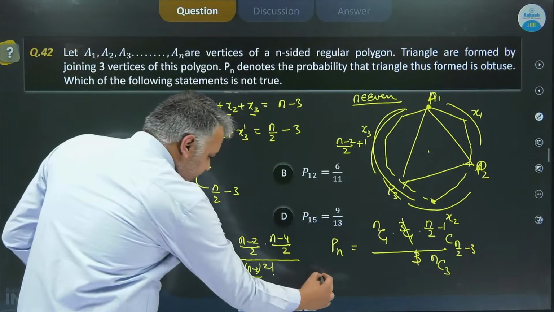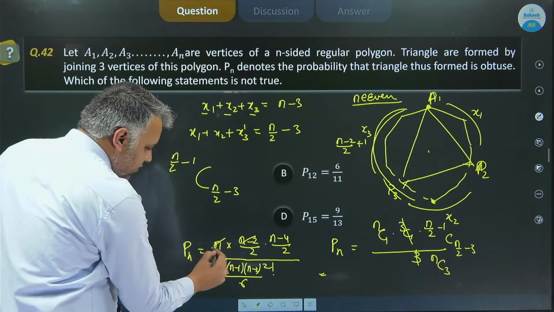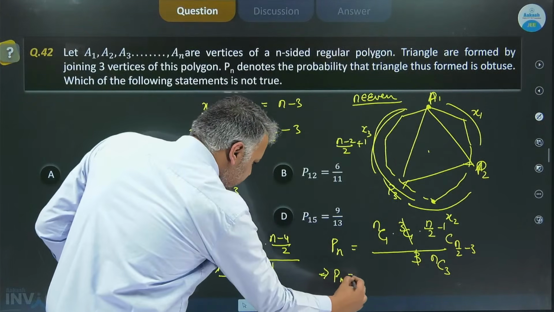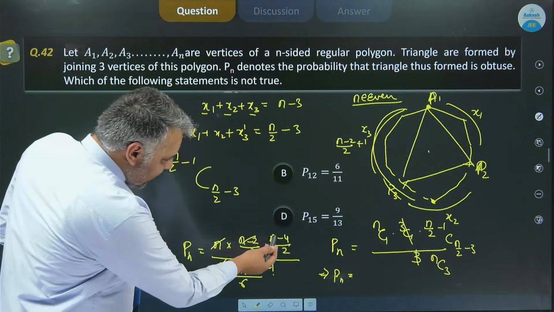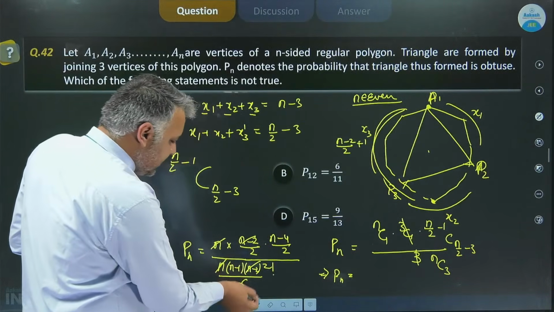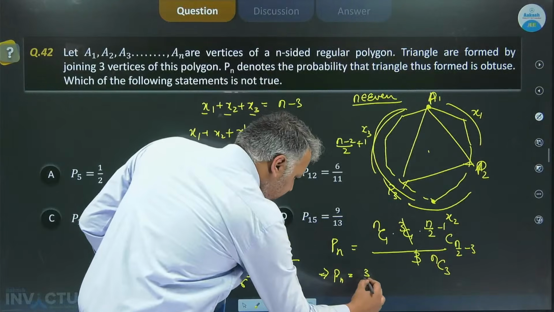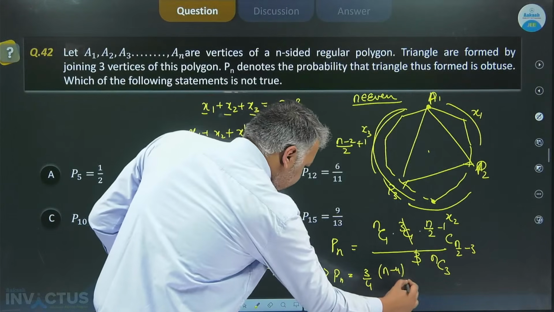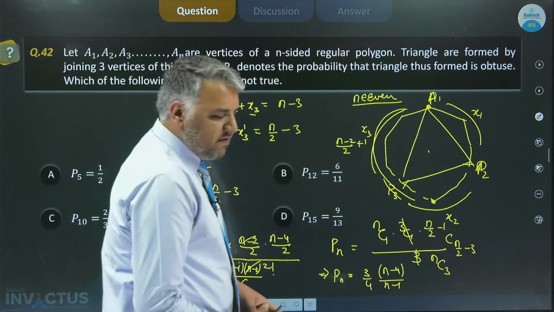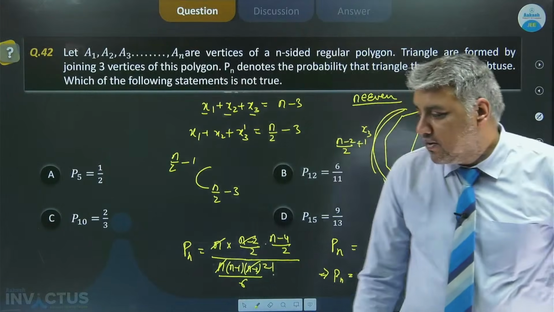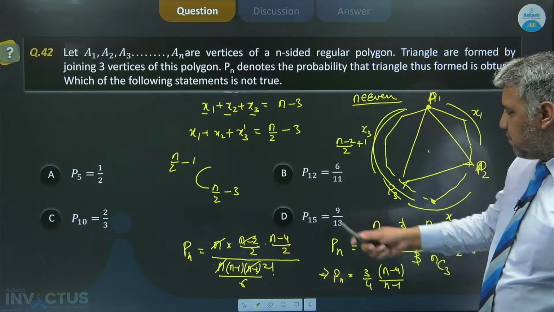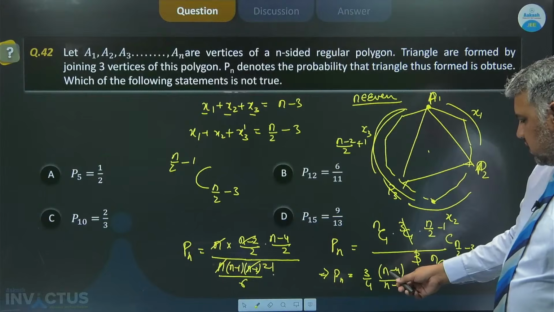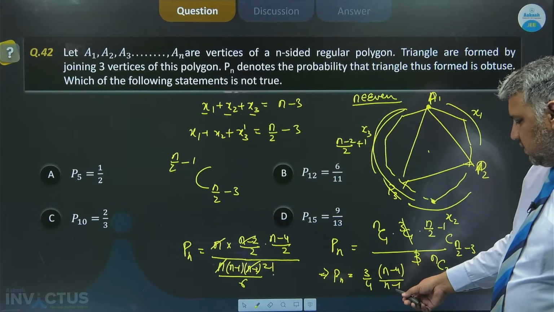So we can calculate this, n minus 2 is cancelled out, and finally Pn is 3 by 4 into n minus 4 divided by n minus 1 when n is even. So if we observe P12, putting n equal to 12, we get 8 divided by 11.